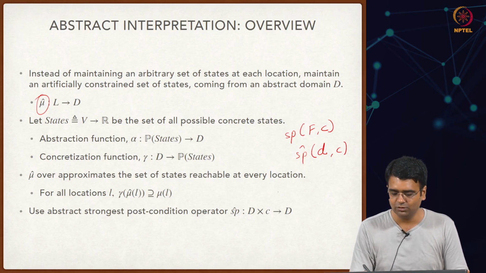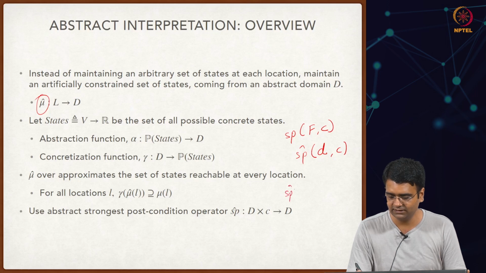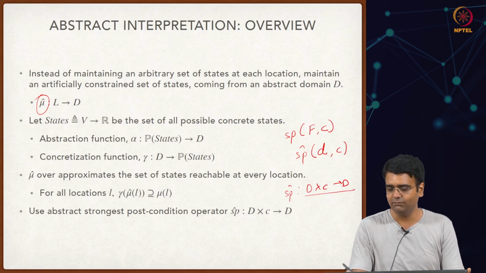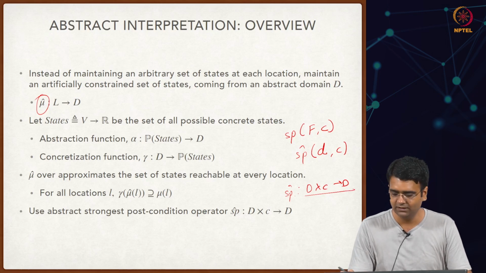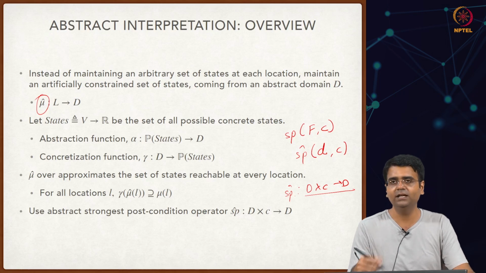So this SP hat is going to be a function from D cross C to D. So it's going to essentially tell me how to execute the program command C, but in the abstract domain.